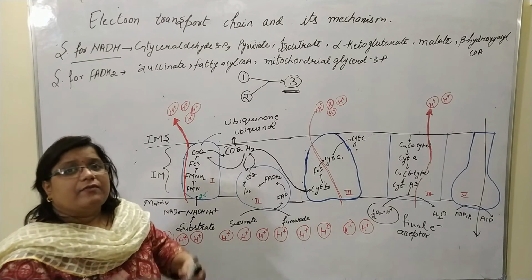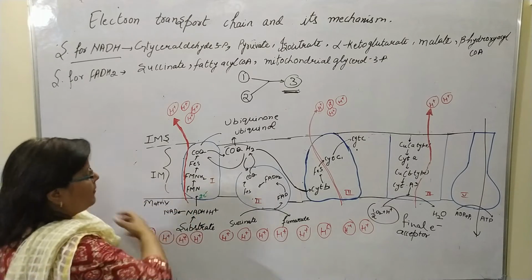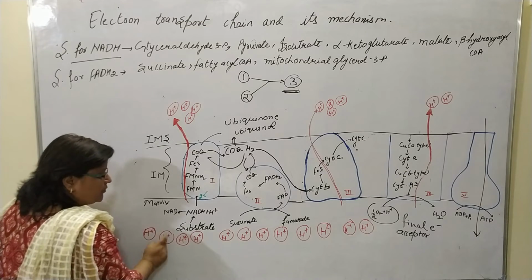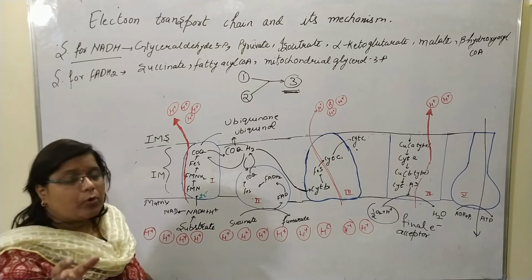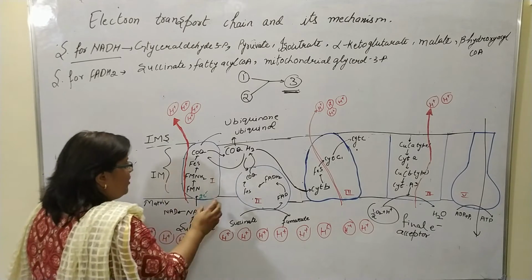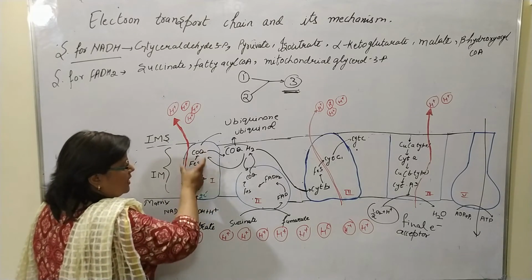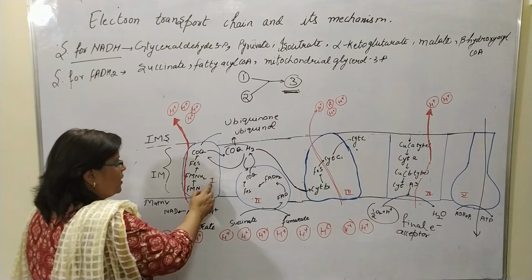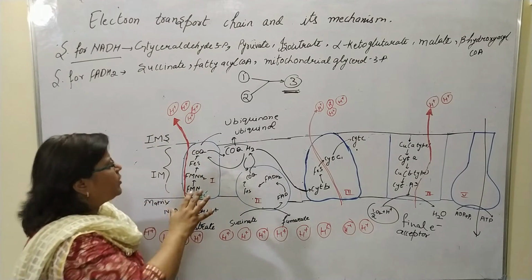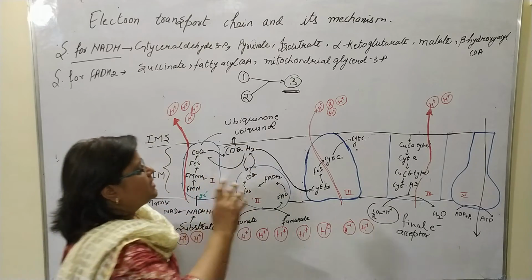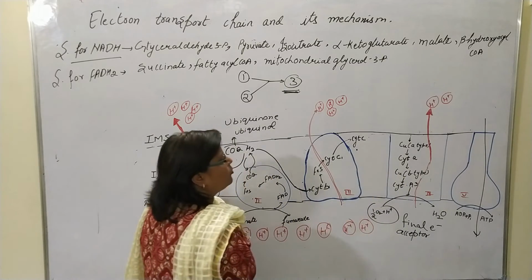The main thing is that the matrix is rich in protons. So when these processes go on in complex 1, 4 protons are pumped. This reaction I will discuss later. Just complete this up to complex 4.